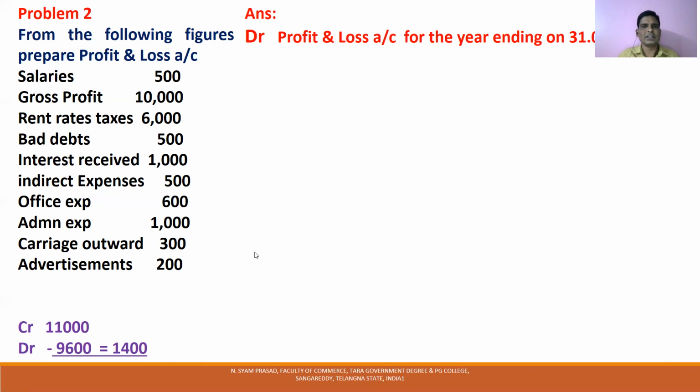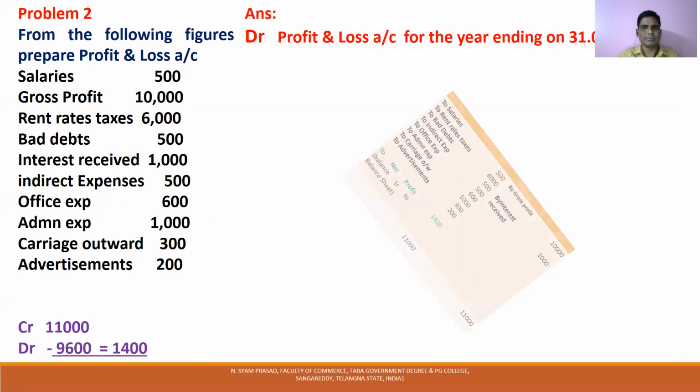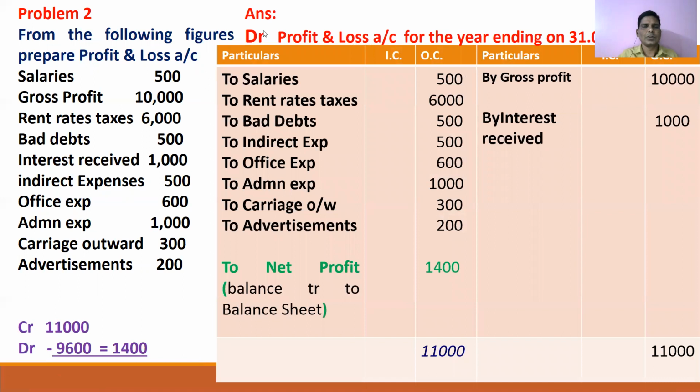Now let us see the answer. You have to write the title, which is very important: Profit and Loss Account of the sole proprietor for the year ending 31st March 20. For salaries, the first item of the profit and loss account is 500. Gross profit is on the credit side, by gross profit.